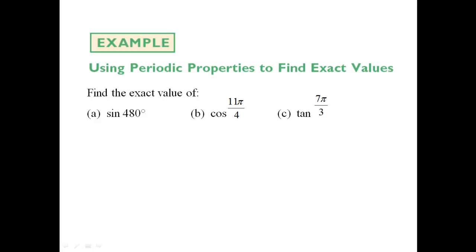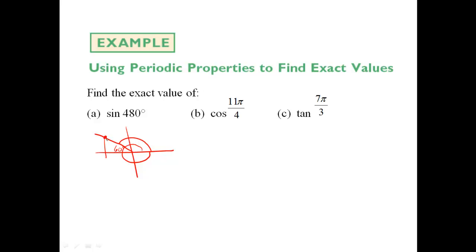For example, sine 480 degrees. Where is that? Well, 360 is all the way around once, so then we're going to go another 120, which would stop 60 degrees short of 180. So here is 480, so it's going to be equivalent to the 60-degree triangle right here, or 120-degree angle.